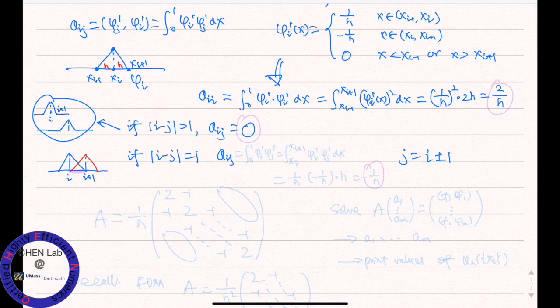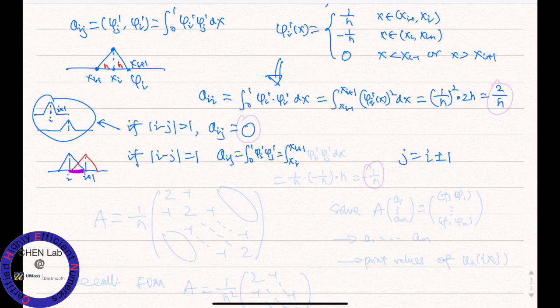For the product to be non-zero, they both have to be non-zero, and the only such interval is between x_i and x_{i+1}.